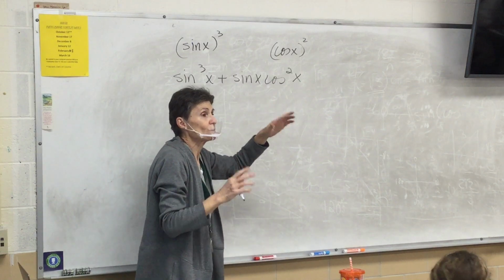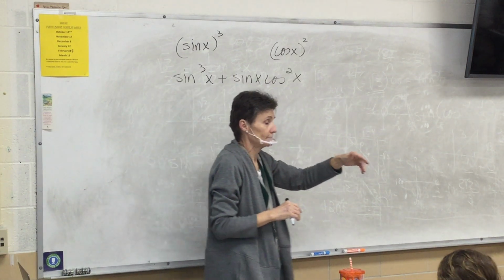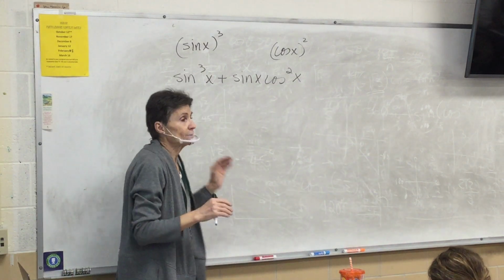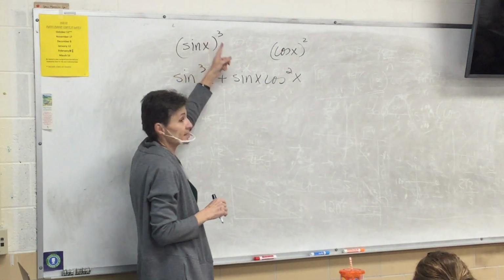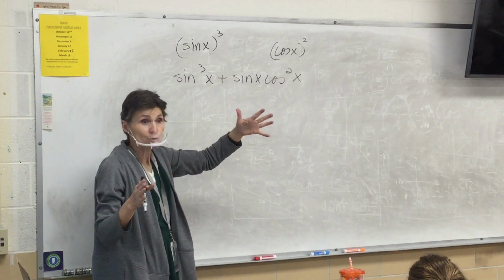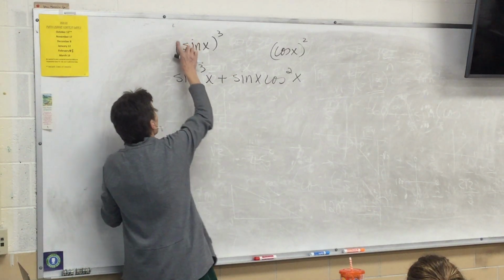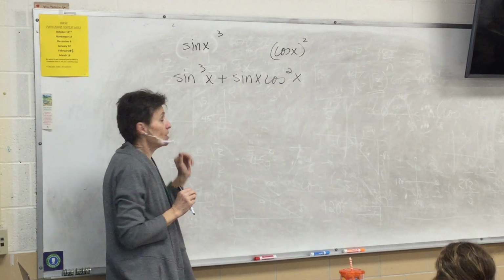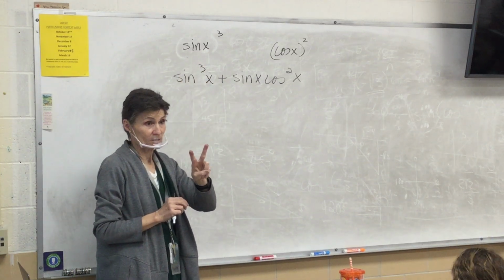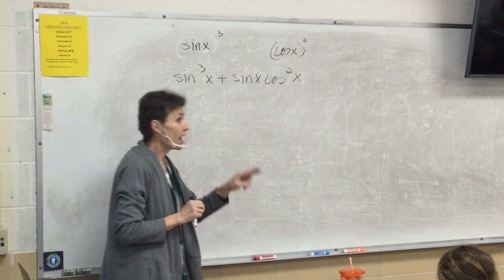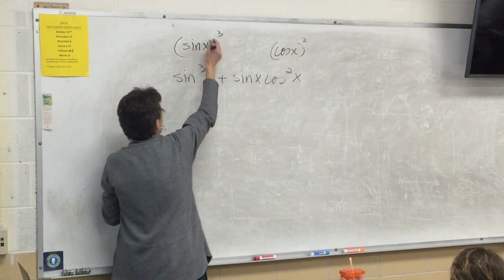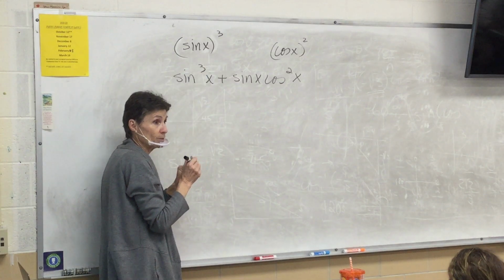Now, here's the reason that we do that. You can probably figure it out. As long as those parentheses are there, there's no confusion. But what if I forgot to put those parentheses in? That could mean two things, right? That could mean the sine of x cubed, or it could mean the sine of x, cubed.